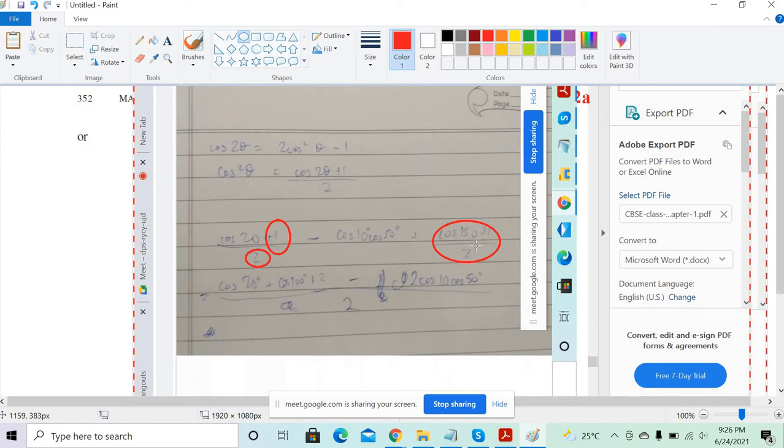So now cos 20 and cos 100. Correct. So all we do with cos 20 plus cos 100 minus cos 40. Oh, so we'll do cos 100 is cos 90 plus 10.